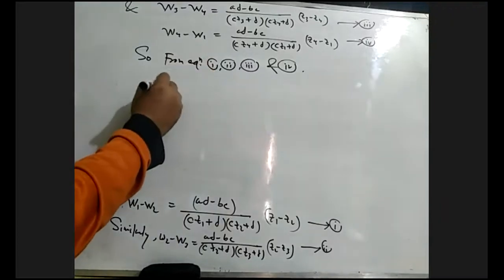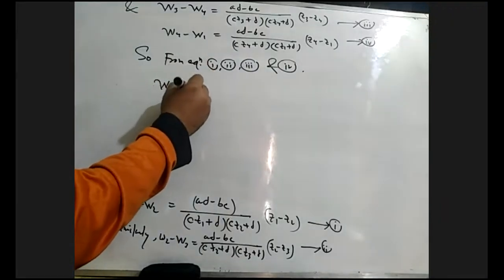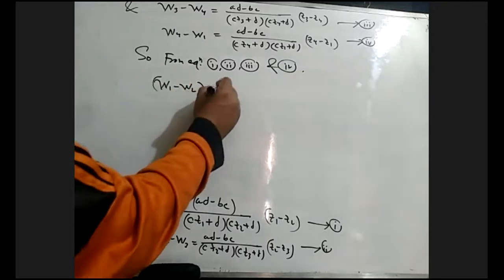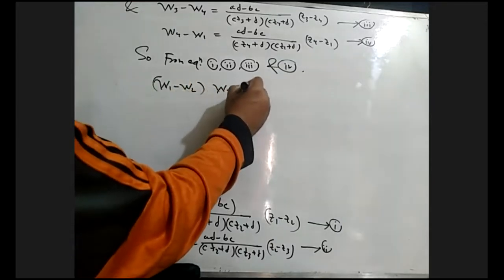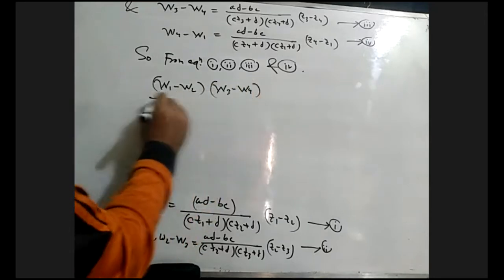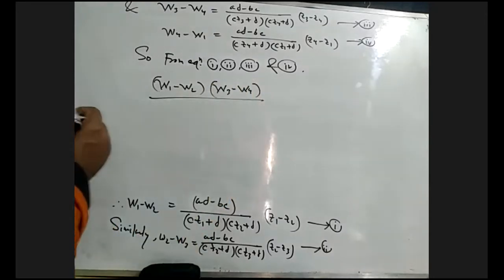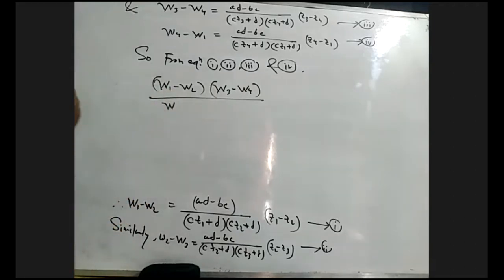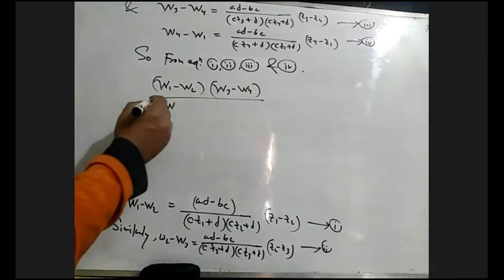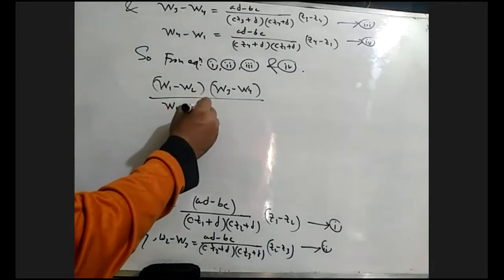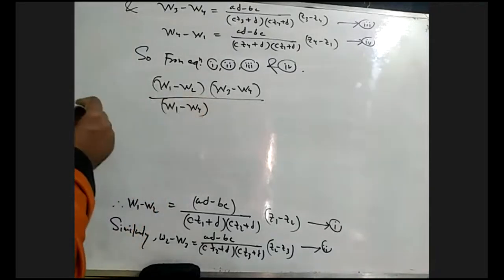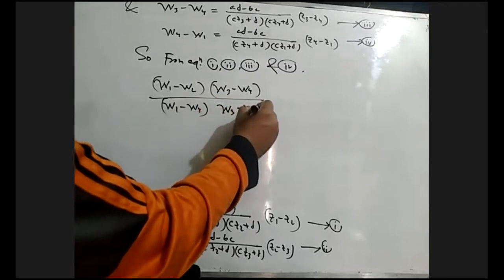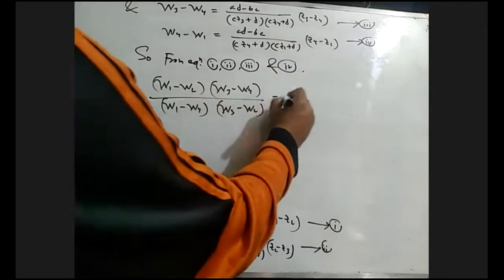(W1 minus W2)(W3 minus W4) divided by (W1 minus W4)(W3 minus W2) equals to what will be?